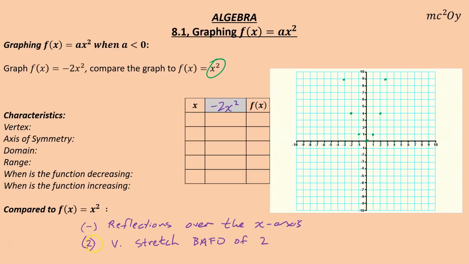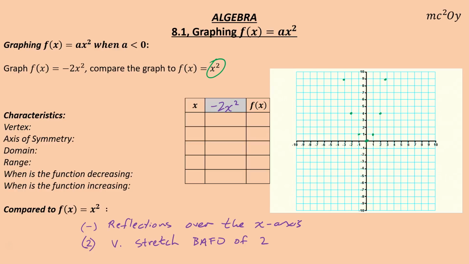What I like to think is the further A gets away from 0, the quicker my graph moves to infinity, up or down. The narrower it gets. The further I move away from 0, the narrower my graph gets. The closer I get to 0, the wider it gets. It gets really, really wide if you're really, really close to 0. Okay? So that's another thing you could write down.